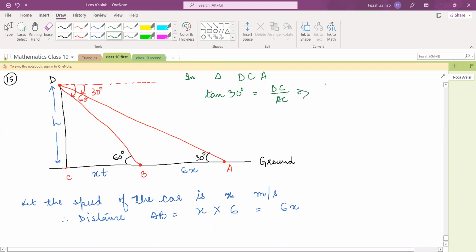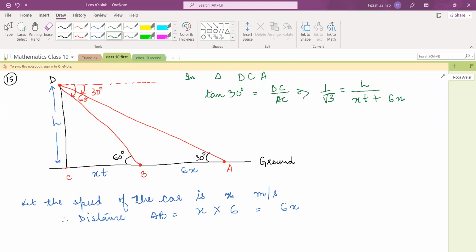Tan 30, that means 1 upon under root 3 is equal to DC, which is H, and AC will be XT plus 6X, correct? So obviously I cannot solve it. I don't know H, I don't know T, I don't know X, leave it.